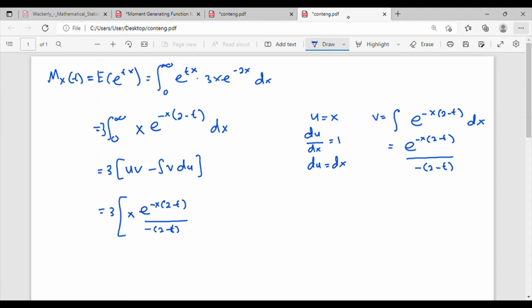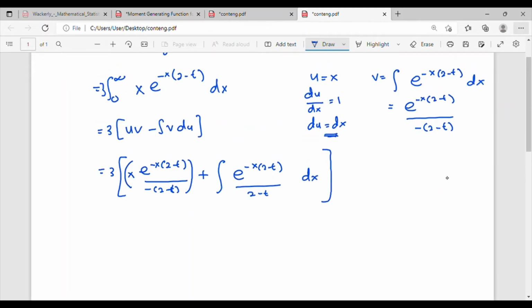So uv, this part, minus the integration of v du. I make it plus here because there is a minus. So minus the integration of v, which is e power of negative x times 2 minus t divided by 2 minus t, with respect to du. du equals dx here, so we put dx. It becomes plus here because of the negative, and minus the integration of v.